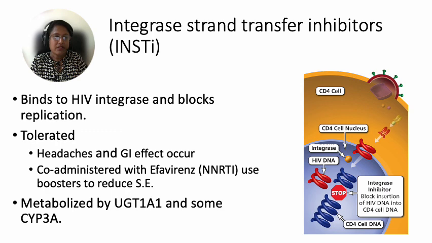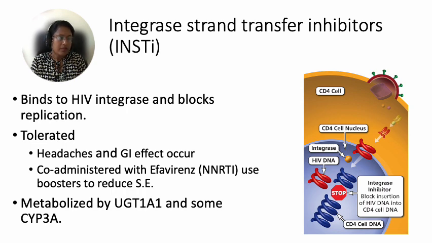So for the integrase strand transfer inhibitors, these are three agents: dolutegravir, raltegravir, and elvitegravir. They bind to the HIV integrase and block replication. It's well tolerated, but some adverse effects occur, such as headaches and GI effects.